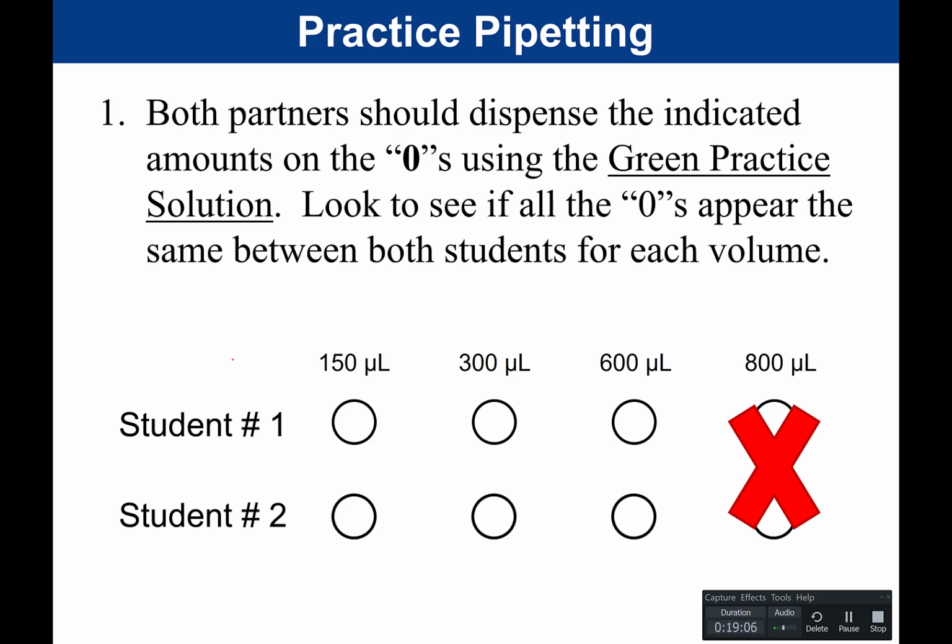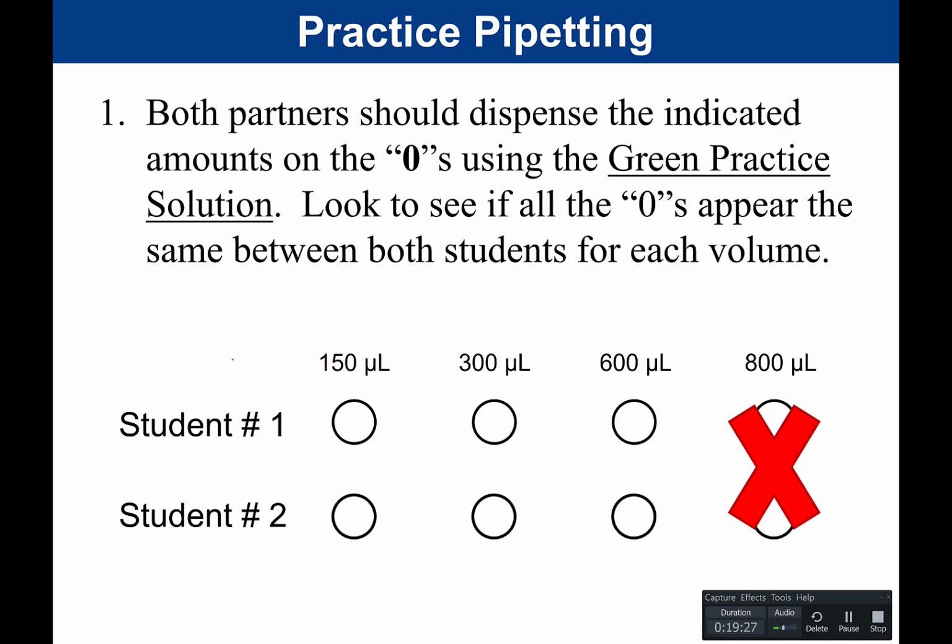And the reason we do that is we would have you compare. We use a green practice dye, and we would have you compare the size of your green puddle of liquid. If the sizes are similar, that means that you and your partner likely are pipetting the same volume.